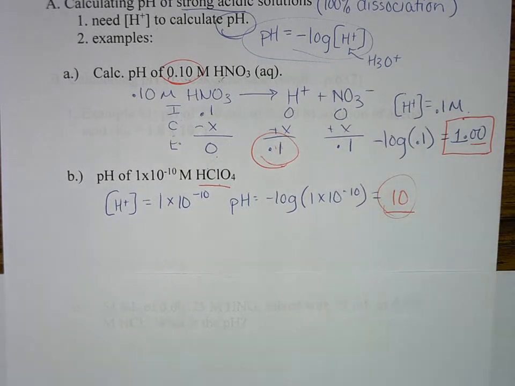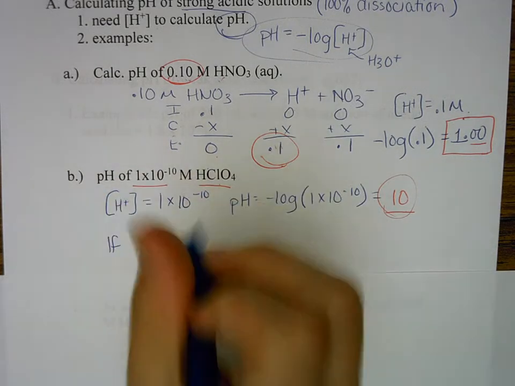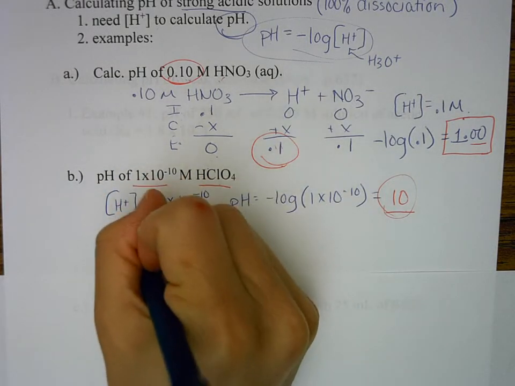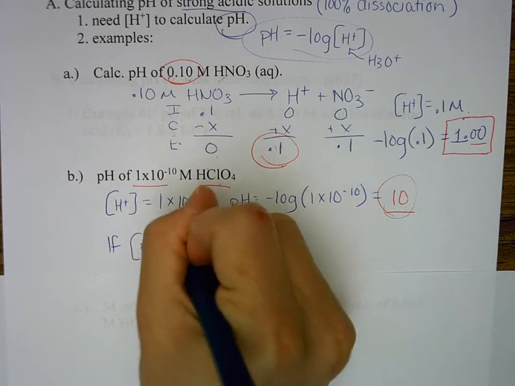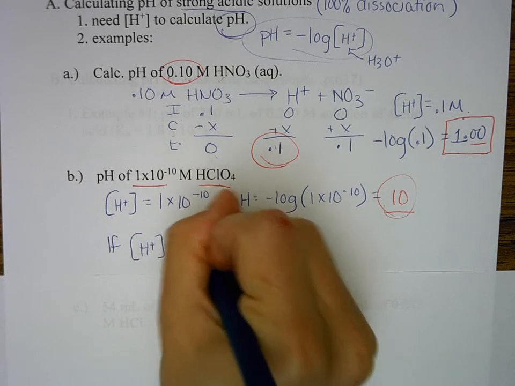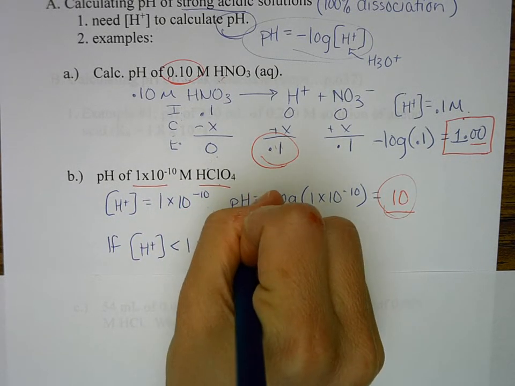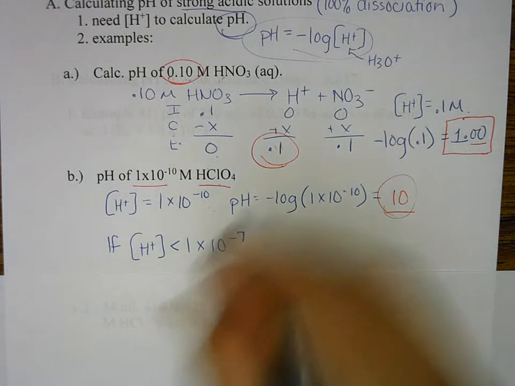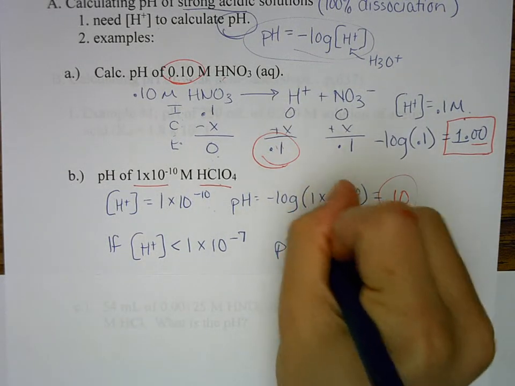Here's the thing. This concentration, 1 times 10 to the negative 10th, is super tiny. There's hardly any perchloric acid molecules even in that solution. It is mostly just water. So just a rule that you need to pay attention to, which is why I did this as an example, is if the hydrogen ion concentration is less than 1 times 10 to the negative 7, then the pH is just equal to 7.